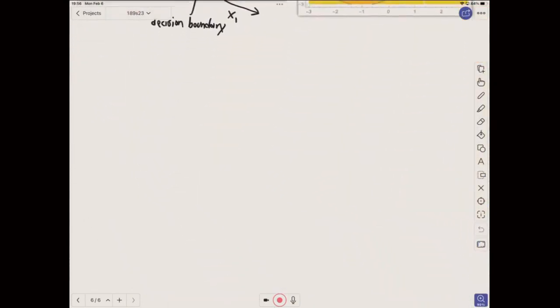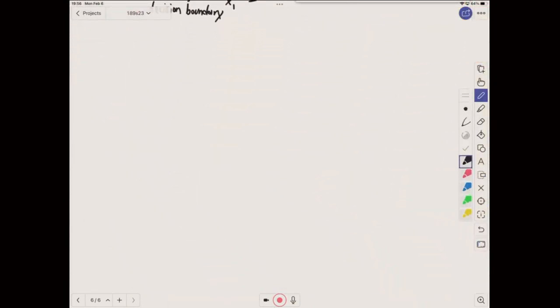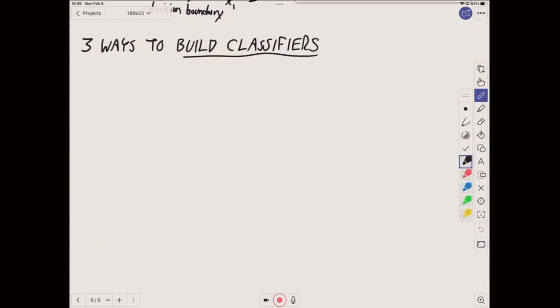But before we go, I want to make a final declaration. Taking a step back and taking a meta look at what we've learned so far, we can get out of this 3 different ways to build classifiers. The first way is what are called generative models.